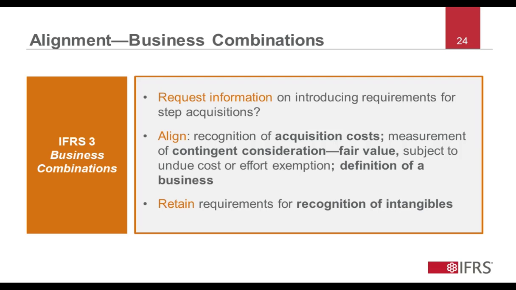The IFRS for SMEs standard has an amortization of goodwill with impairment approach, whereas full IFRS standards has an impairment only approach. So we felt any intangible assets that hadn't been separately recognised as part of the acquisition would be consumed within goodwill, and therefore they would be subject to the annual amortization charge. So this was a bit of a mixed approach, but we felt overall that we would get faithful representation and that a user would get a better understanding of the cost of the acquisition.